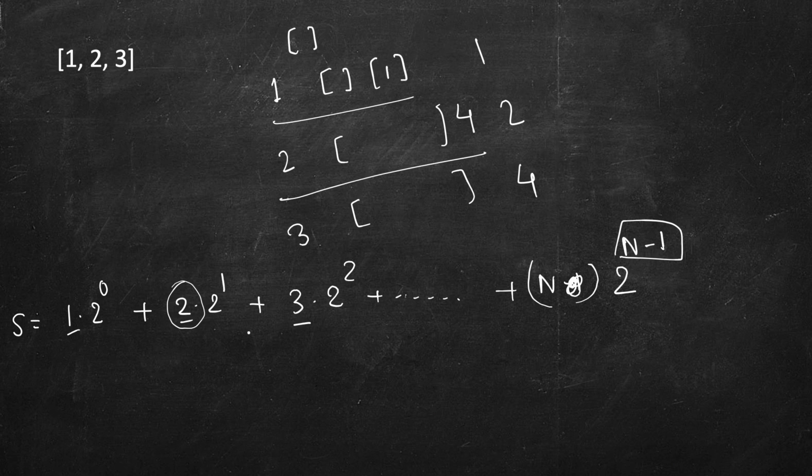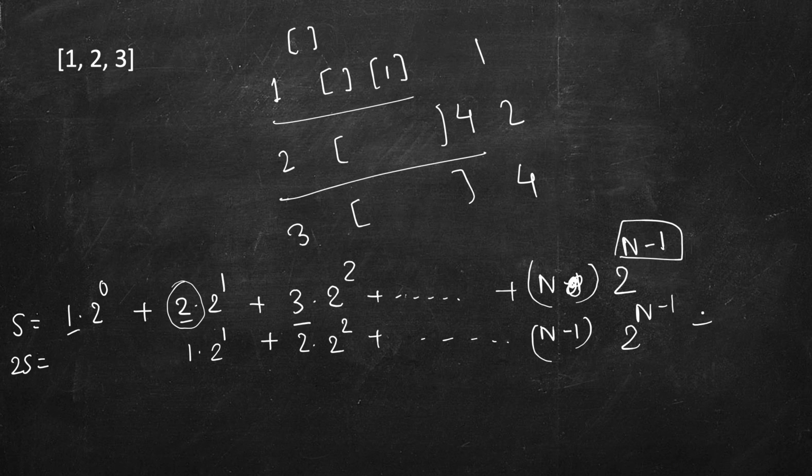Then let's write 2S. If we multiply 2 to it, the first term becomes 1 times 2 raised to the power 1. Then if we multiply the next by 2, it becomes 2 times 2 raised to the power 2, and so on, and here it will be n minus 1 times 2 raised to the power n.